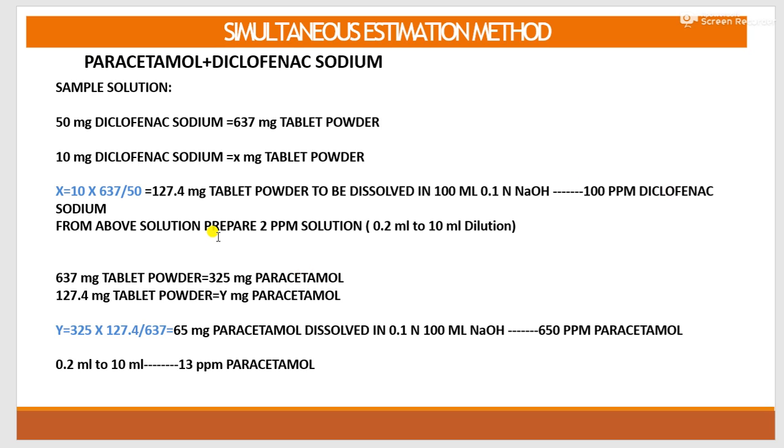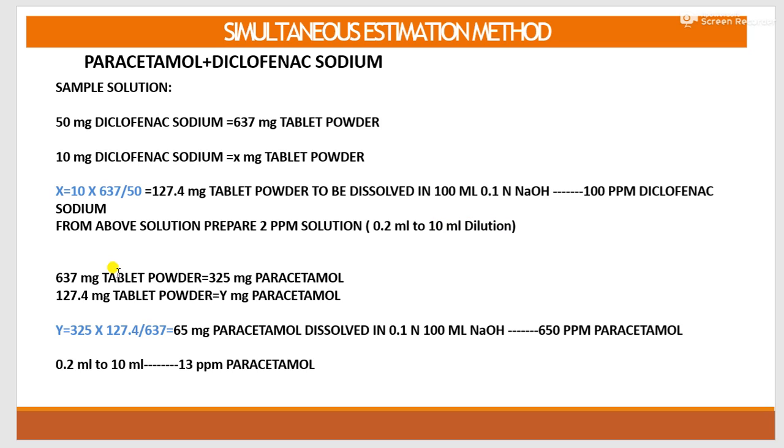Then the solution is filtered. From the filtered solution, a 2 ppm solution is prepared by diluting 0.2 ml of this 100 ppm solution up to 10 ml. So you will get a 2 ppm solution of diclofenac sodium.